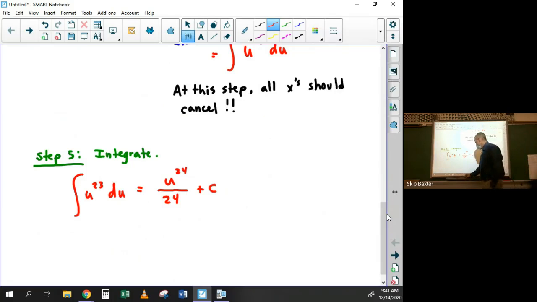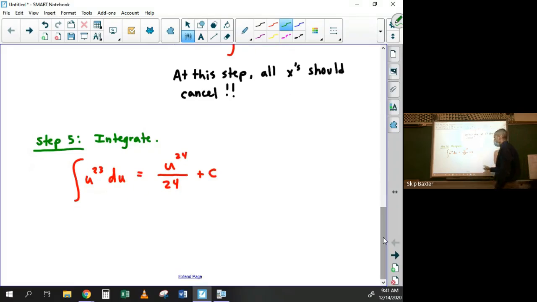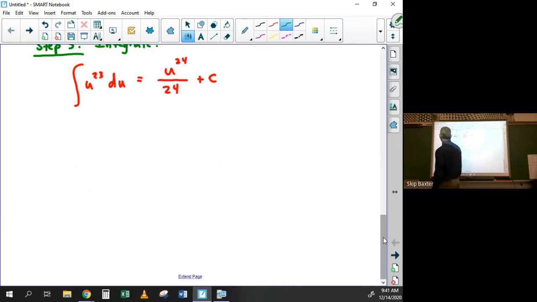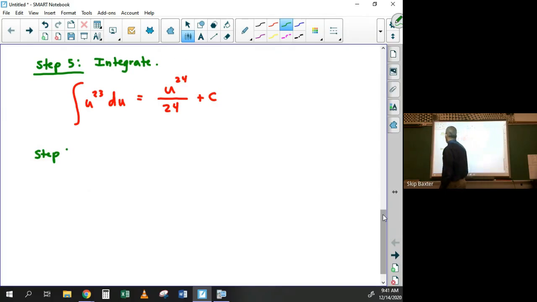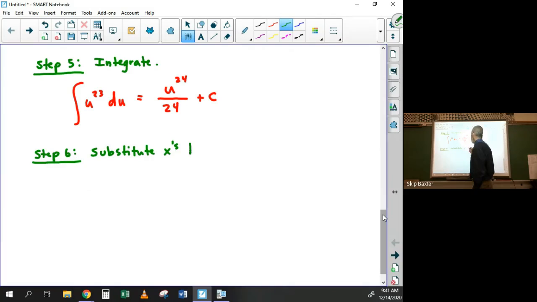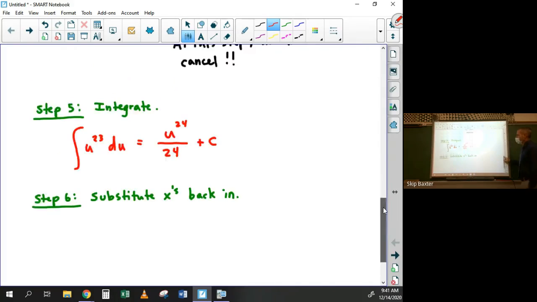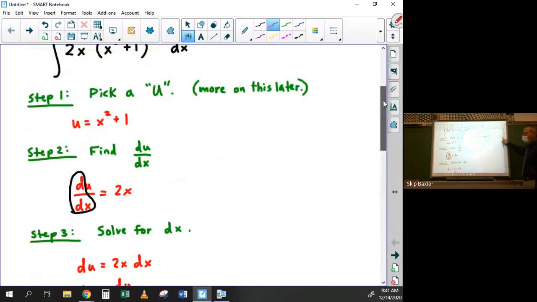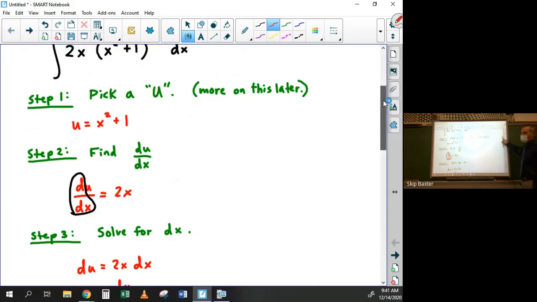And the final step is just to substitute back in for x's. Step 6 is to substitute x's back in. So u was really, if you look way up in step 1, just x squared plus 1.